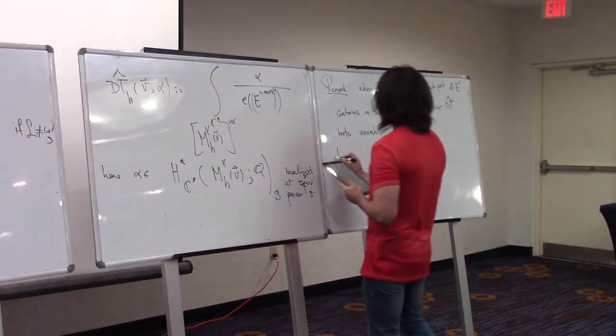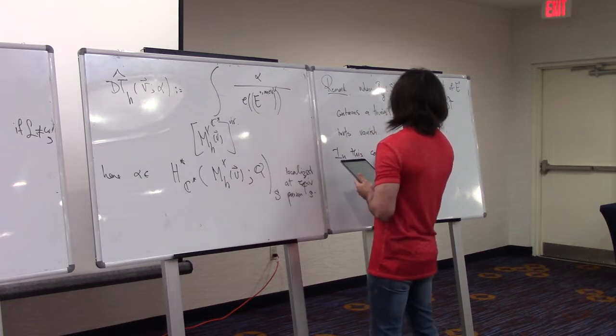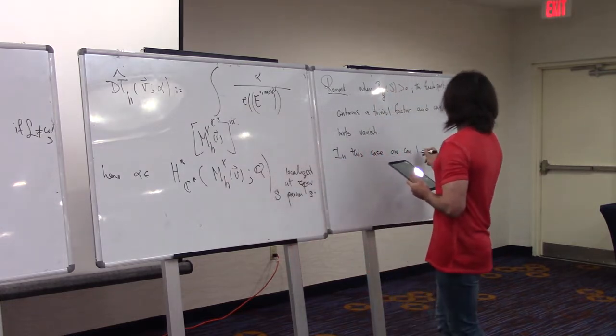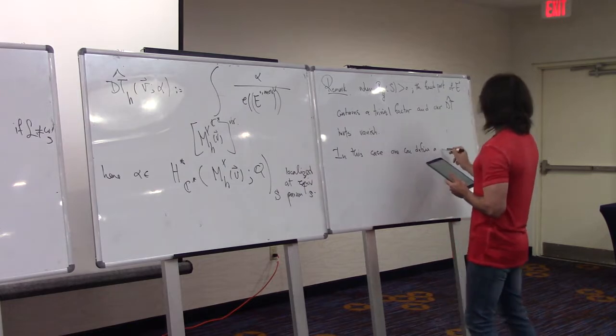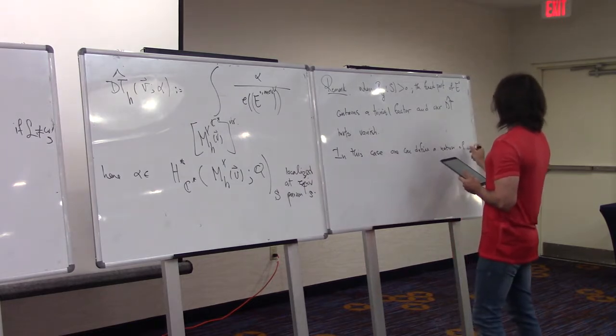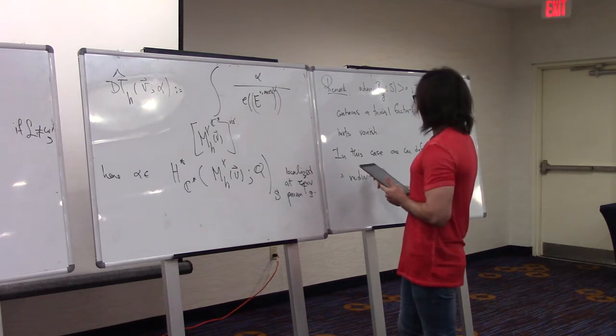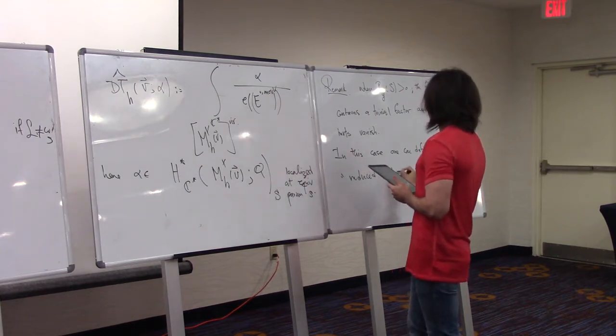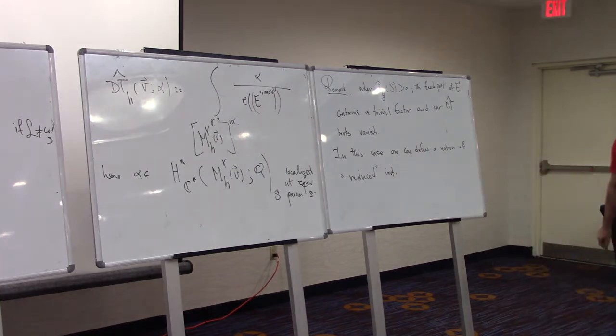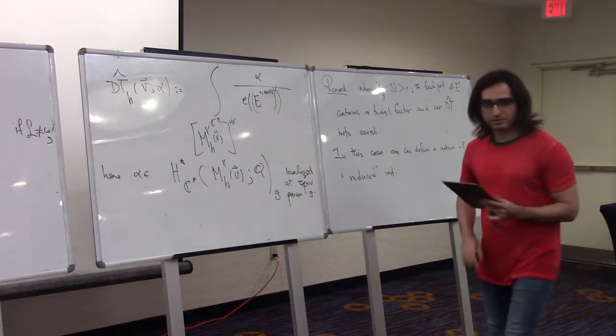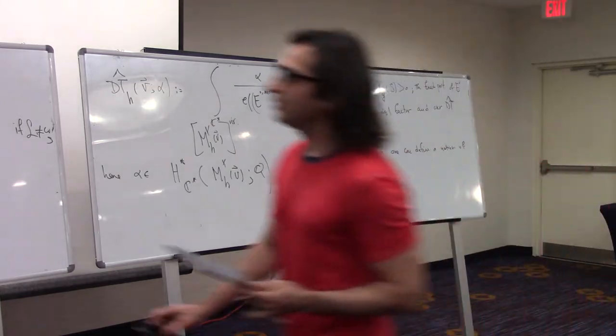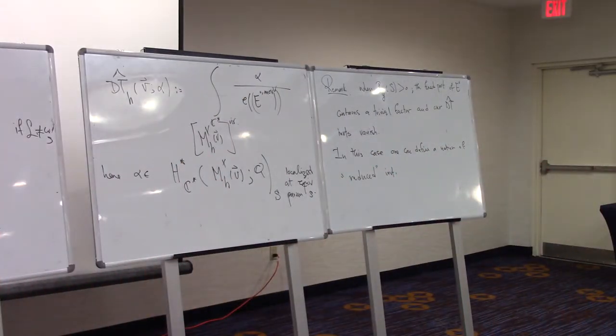So in this case, one can define a certain notion of reduced invariant. I will put it in here, but I'm not sure, nevertheless, let me put it in here. How we reduce it: here is our map.